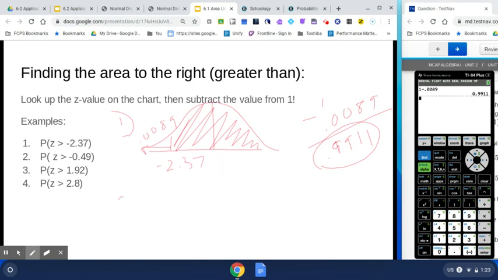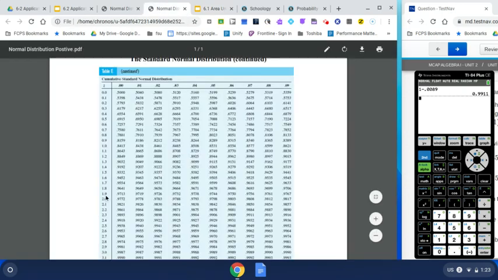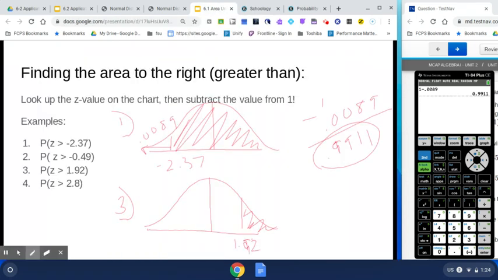Okay, let's take a look at number 3 together. We're finding the probability that z is greater than 1.92. So there's a picture of what's going on. I'm going to look up 1.92 on the positive z chart. 1.92 is associated with 0.9726. Again, that's the area to the left.